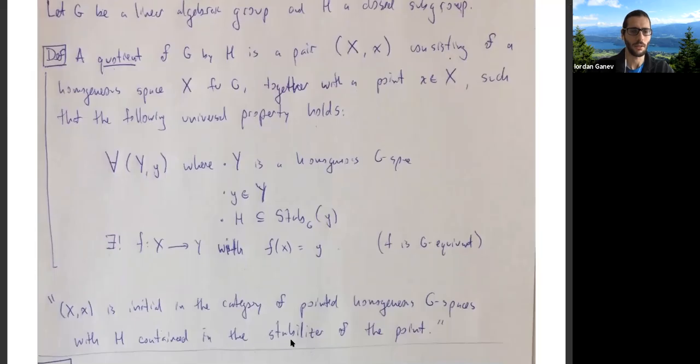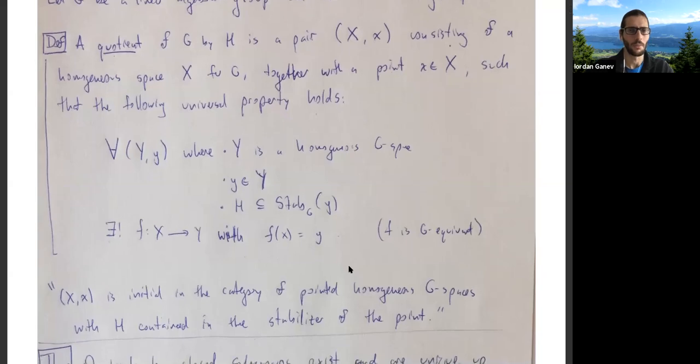That's the definition. You can also say that this pair is initial in the category of pointed homogeneous spaces that have H in the stabilizer of the point. Pointed homogeneous spaces are just pairs (X, x) with X homogeneous and little x in X. This is kind of an abstract definition. We could have just said that the quotient is a coset space, but the problem is that a priori we don't know that this is an algebraic variety.